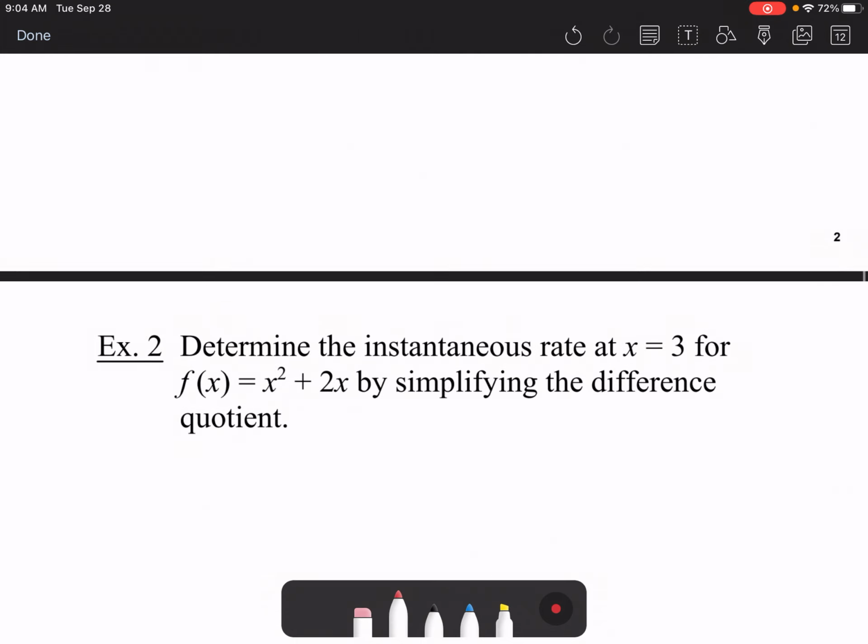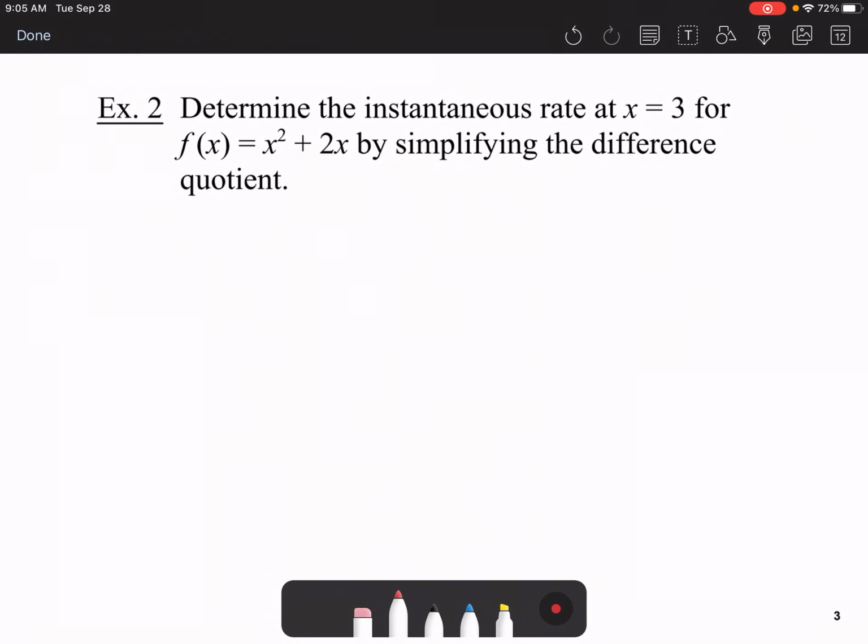Okay, so what you could also do is simplify the difference quotient. You can simplify it by either substituting the x value in right away, or you can substitute it later on. So let me show you how this would work instead.